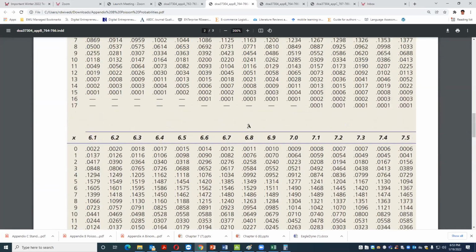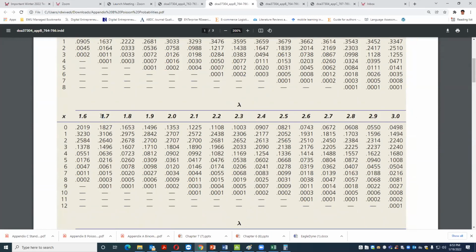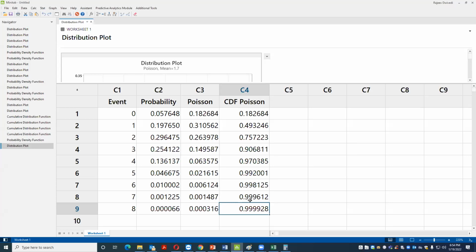So look, our lambda is 1.7. Now look into 0.18, 0.31, 0.26. You can see, I did up to 8, you can go up to 9 or following. So here you can see exactly what I did.